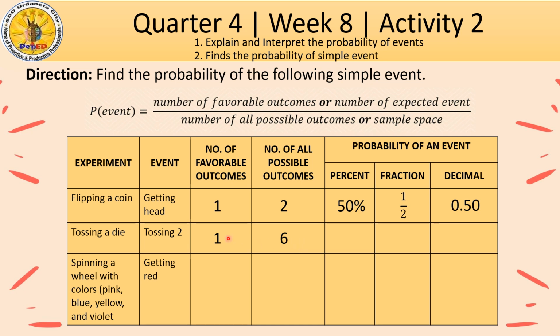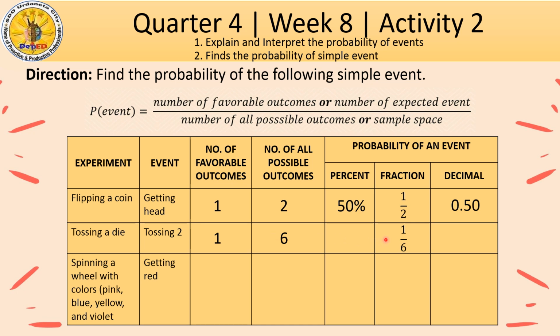Now, after finding the favorable outcomes and possible outcomes, we can now find the probability of an event. So, what is the probability that we will toss 2 if we're going to toss a die? So that is, in fraction, we have 1/6 because the number of favorable outcomes, take note of the formula, that is 1.